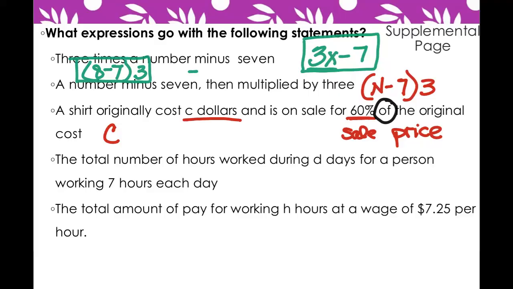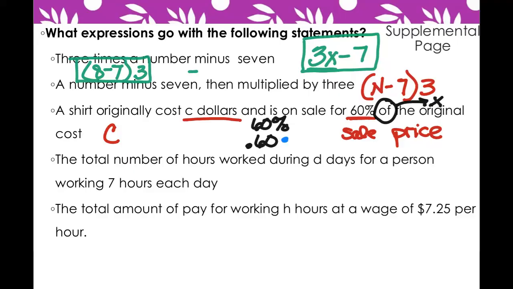It is not division. Multiplication. So you might want to write that down. That "of" means you are multiplying. 60%. How else can I show 60%? 0.60. It is on sale for 60% of, that means times, the original cost.